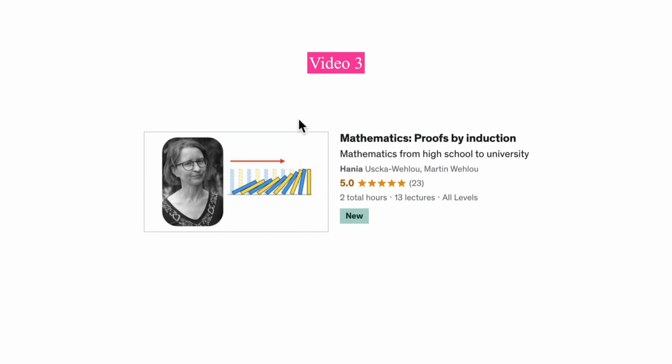And this formula was already proven in my earlier free course, Mathematics Proofs by Induction. But back then I told you in this course that in order to prove something by induction, you need to know the result. So in this case, you need to know the formula for the sum of first n natural positive numbers.